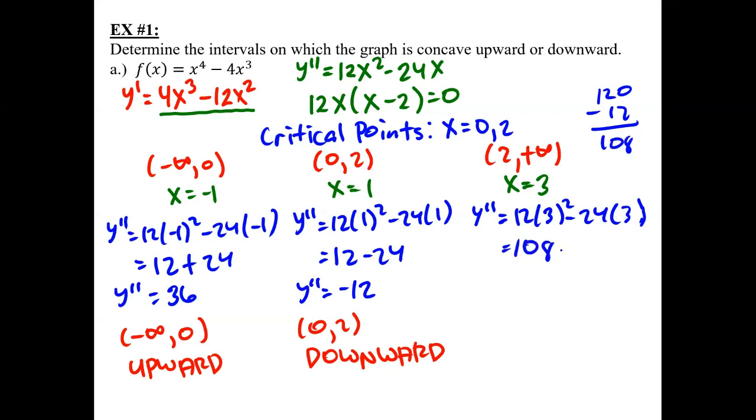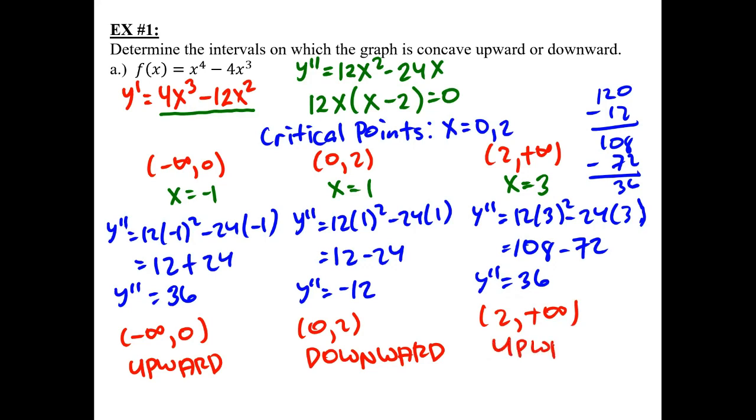So 108 minus 24 times 3, which is 72. We have 36. We have a positive second derivative. So the interval 2 to positive infinity will be concave upward. Okay, so that's how to solve for number 1.